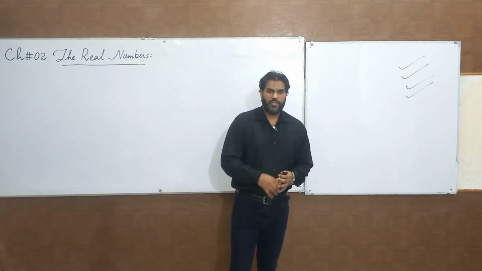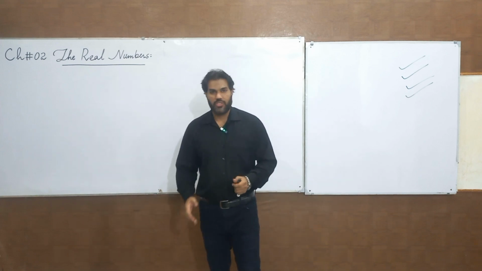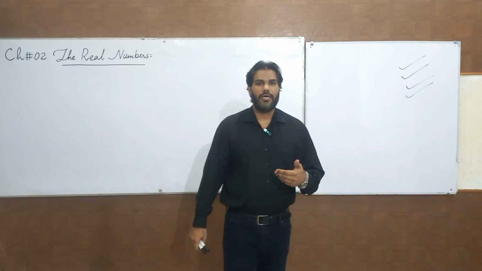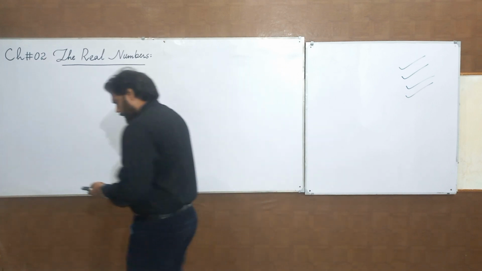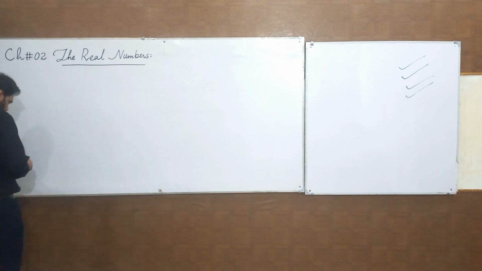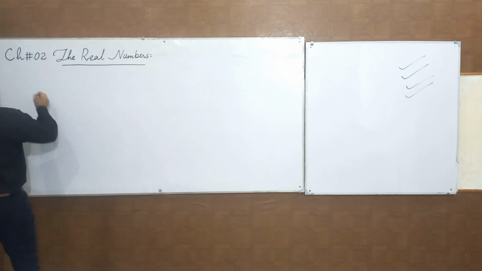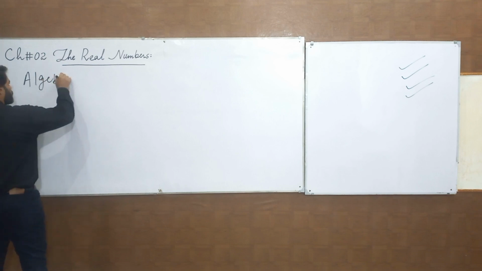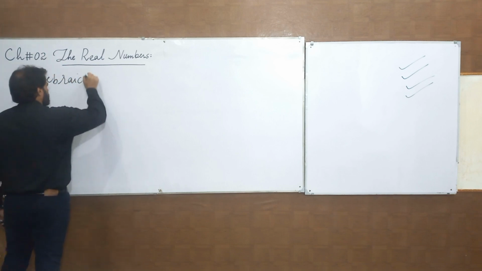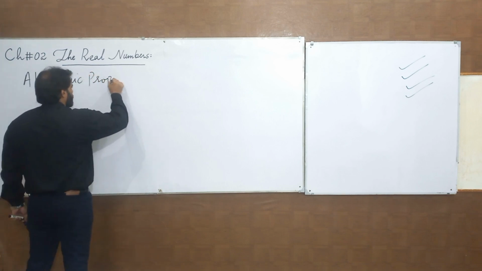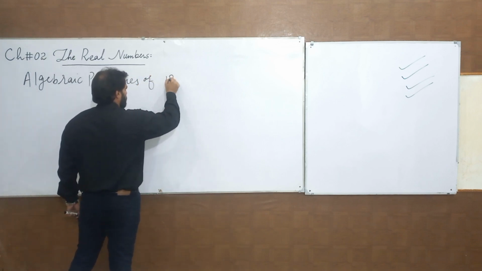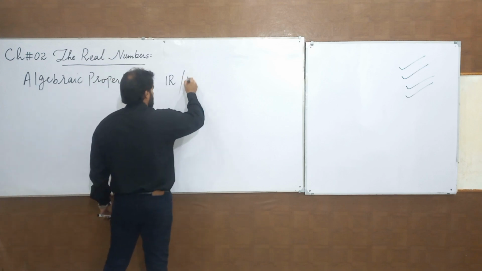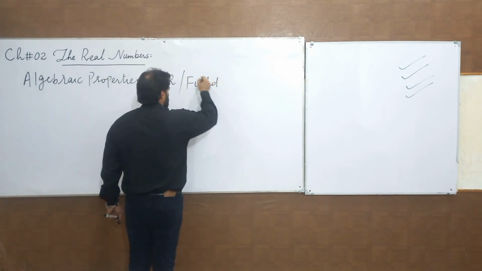Let us start from the algebraic properties of R. The algebraic properties of R, the set of real numbers R, are actually the field axioms.